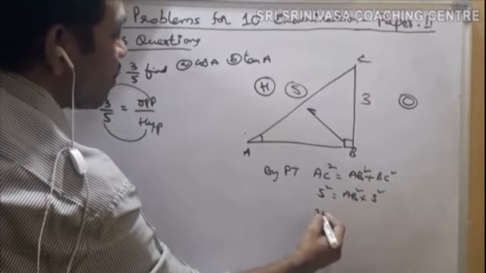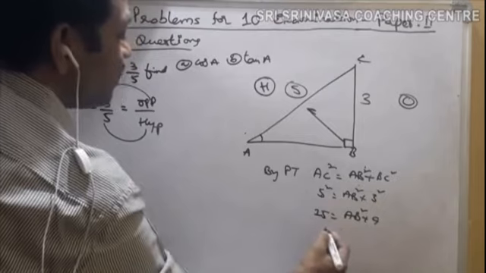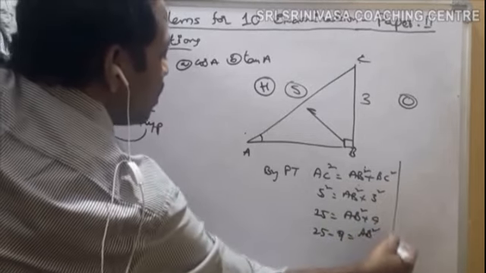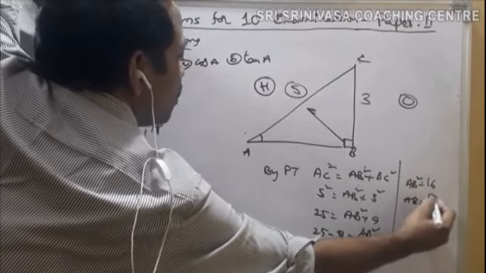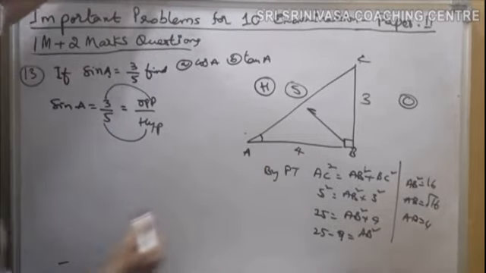The 5 square is 25 equal to AB square plus 9. If I shift 9 here, 25 minus 9 equal to AB square. So AB square equal to 16, AB equal to root 16, AB equal to 4. So my adjacent is 4.